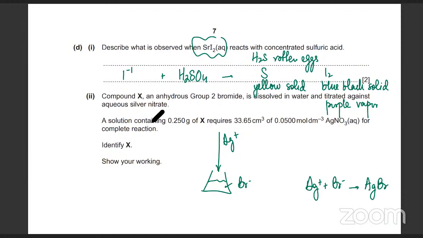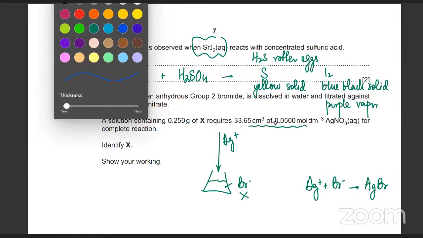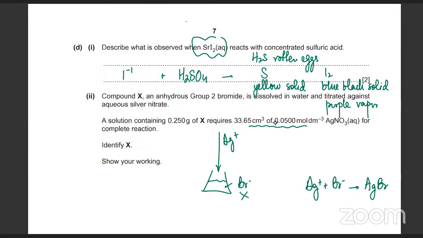A solution containing 0.25 grams of X, this is X, you don't know what the group 2 bromide is, requires this much silver nitrate. So how many moles of silver nitrate are we adding? 1.6825 times 10 to the power minus 3.